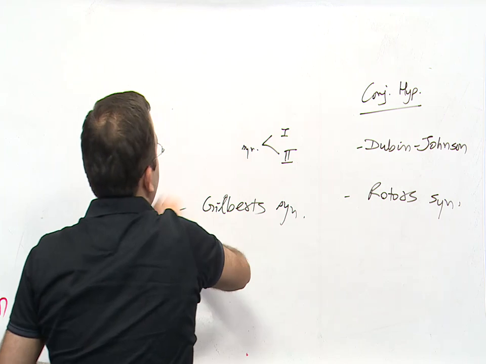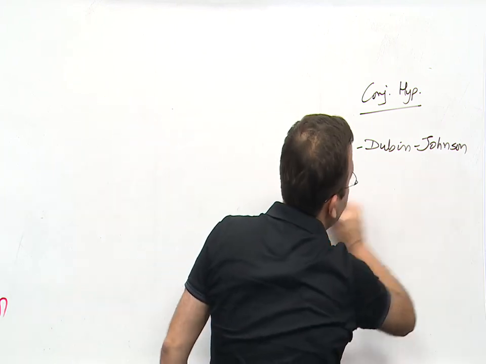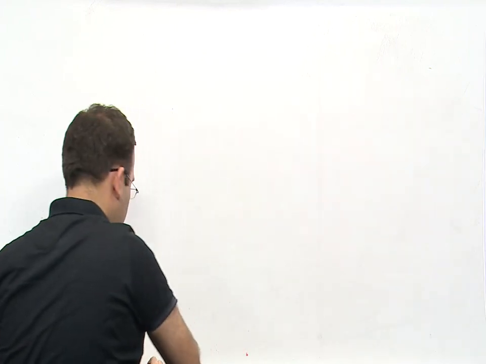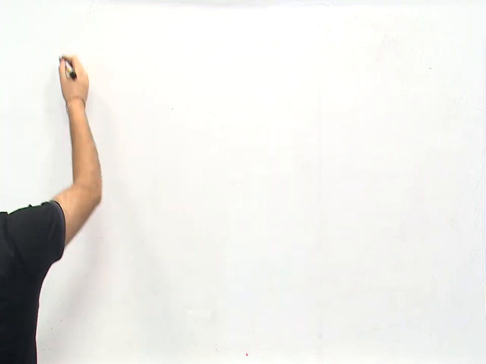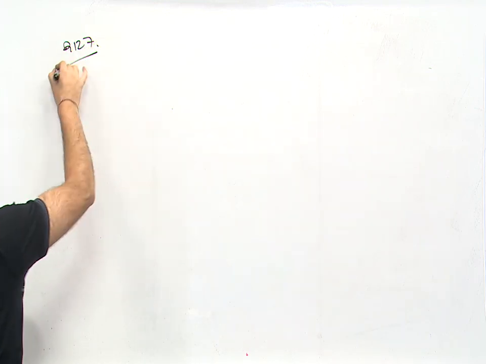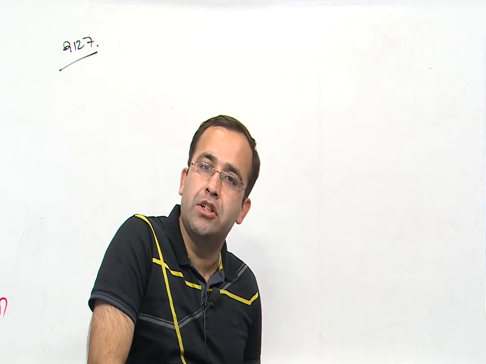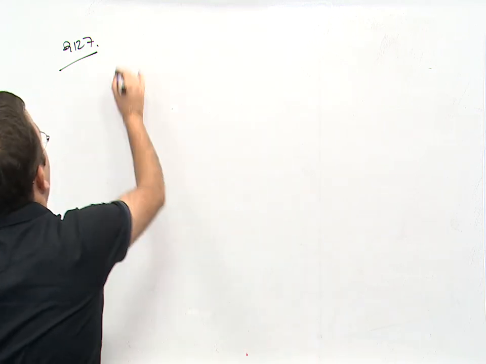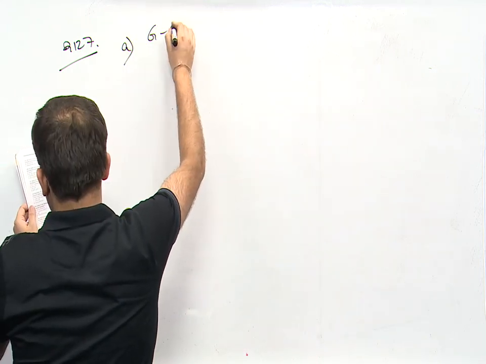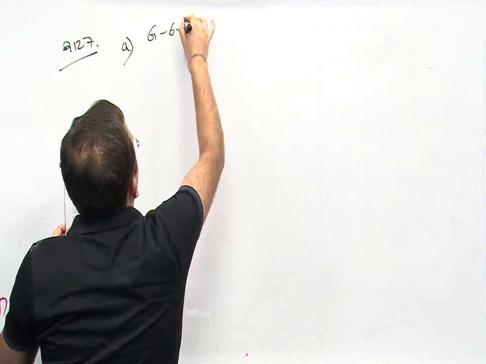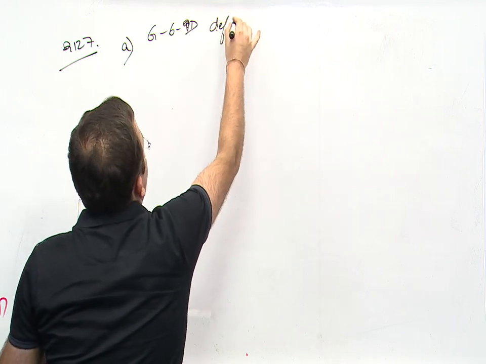Question 127. Which causes both intra and extravascular hemolysis? The answer is A, that is G6PD deficiency.